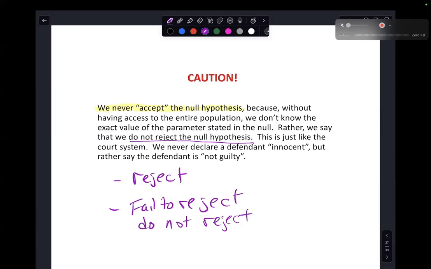Make it very clear that you either rejected or you did not reject. Don't just say there's not sufficient evidence to support. Say, I reject the null hypothesis, or I do not reject the null hypothesis. Make sure you clearly say one or the other.